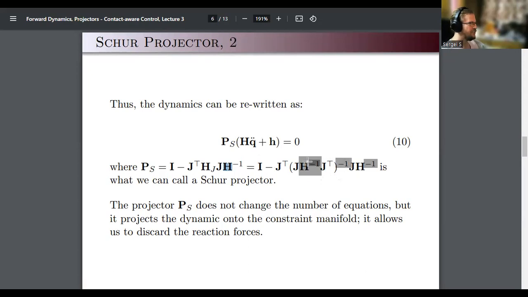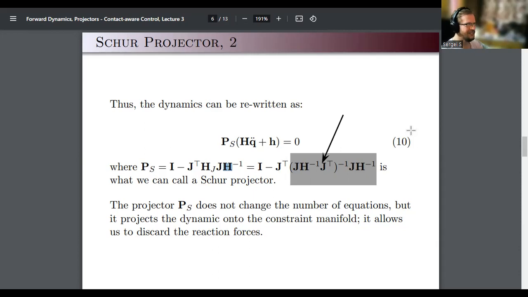And then you have this inverse of this bigger matrix. Of course, what you could say is that all of this is nothing else but a weighted pseudo-inverse of this J transpose matrix. And if you can compute the pseudo-inverse rapidly using SVD, for example, then everything is fine again.